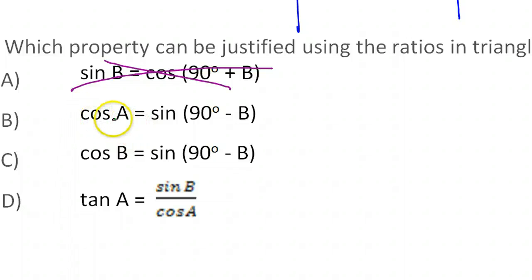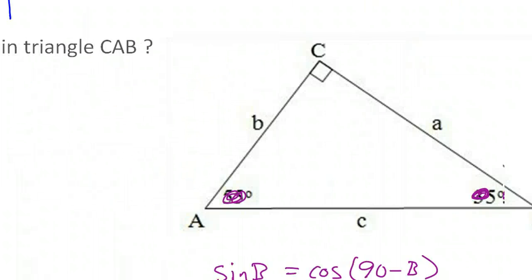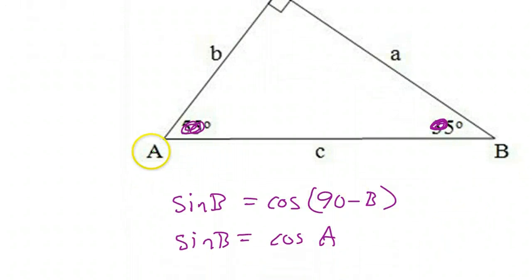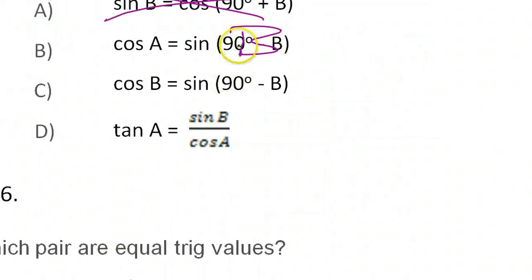If I'm just going to say the cosine of A, then the cosine of A will equal the sine of B. Okay, just plain and simple, right? The cosine of one angle is going to equal the sine of the other angle. So cosine of A would equal the sine of B, plain and simple, not 90 minus B, so that's not the answer. Okay, the cosine of B is equal to the sine of 90 minus B.